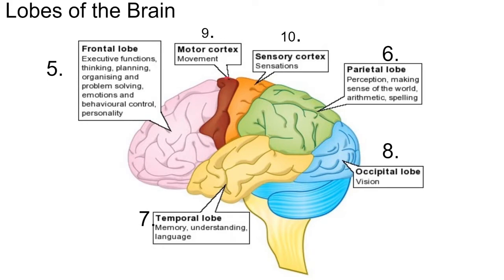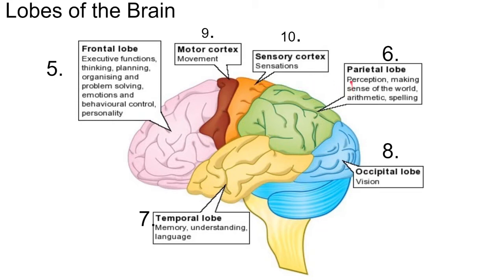Next, you have the motor cortex, which is involved in movement, motor meaning to move. Then you have your sensory cortex, which is involved in sensations like feeling different things. So like feeling the weight of something when you lift it, or feeling pressure, or when you put your hands under water, feeling how the water makes your hands cold.